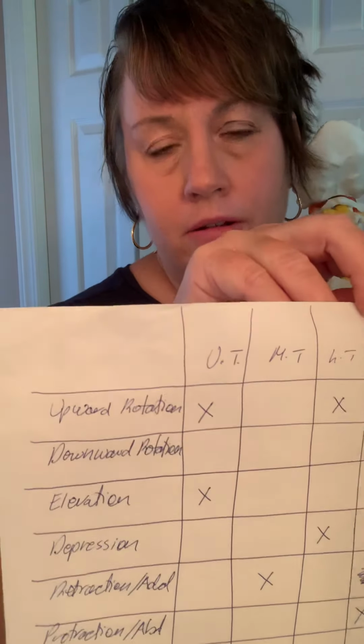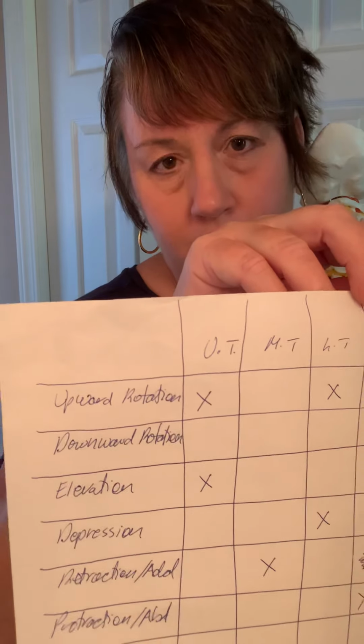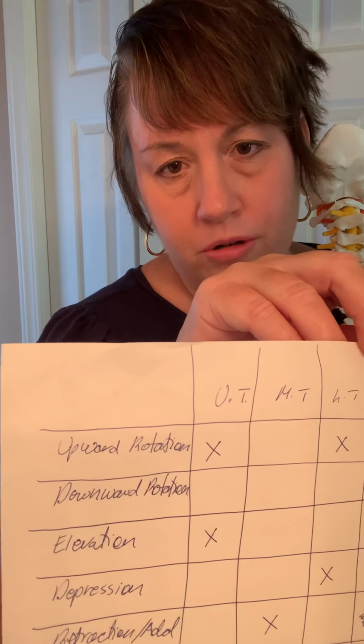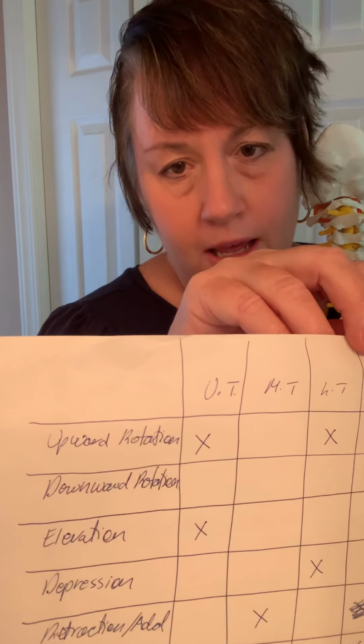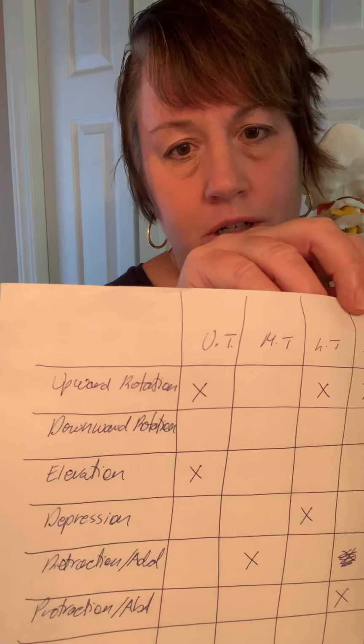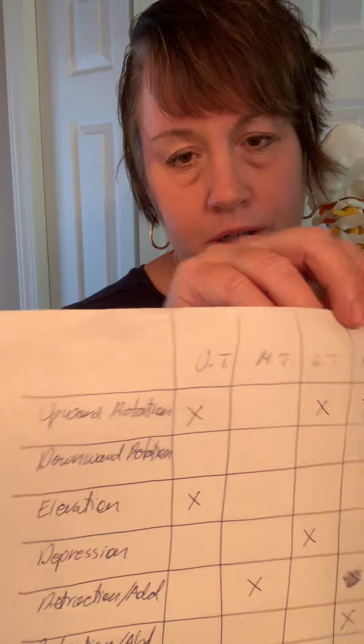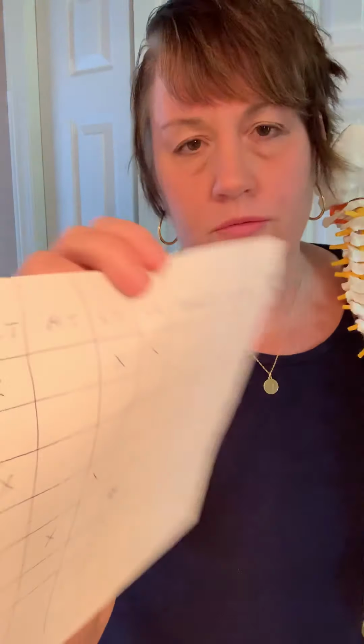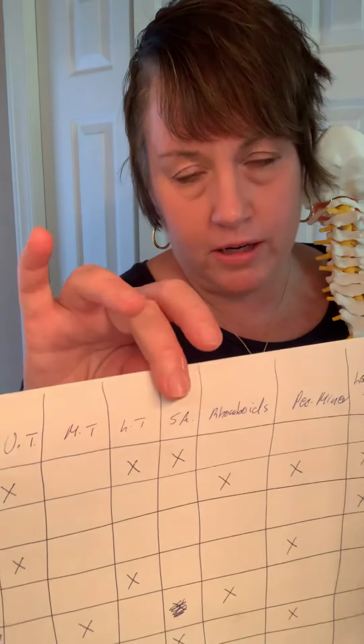And then down on the side, I would like you to write the motions. So upward rotation, downward rotation, elevation, depression, protraction, or abduction, and then retraction and adduction. And we're going to fill this out as we go through the shoulder girdle muscles.